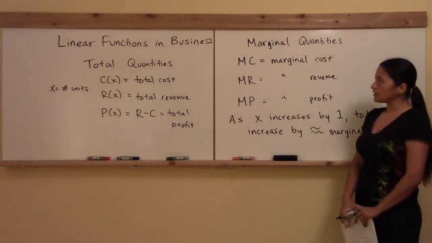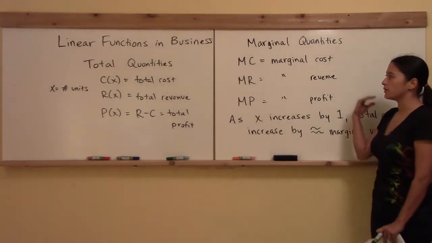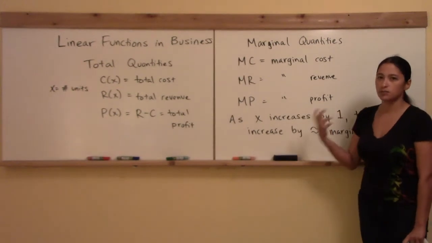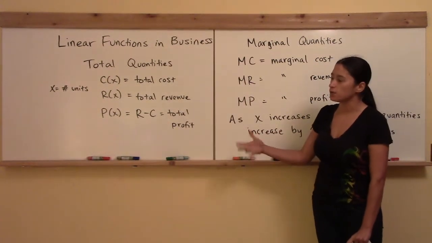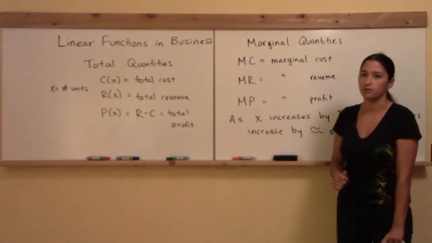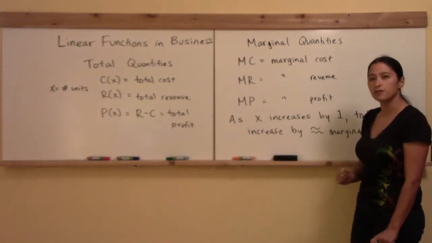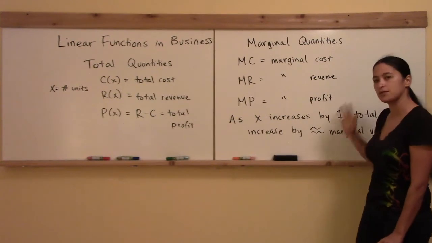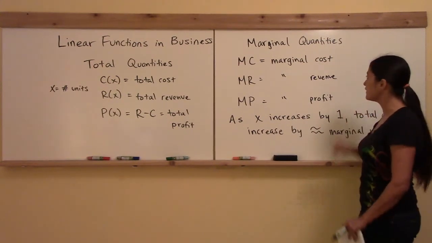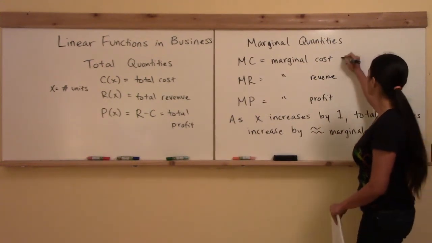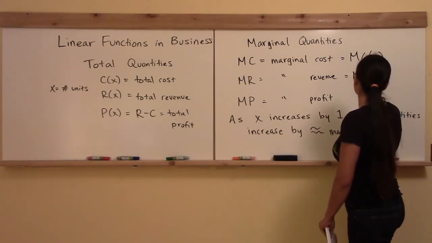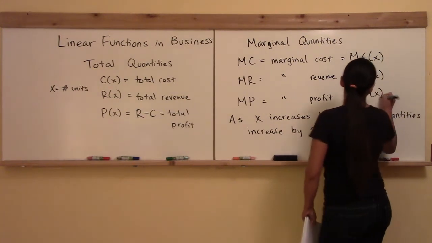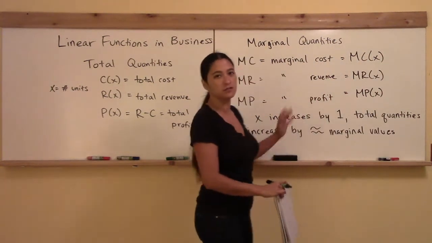Okay? A lot of times you can simply think of the marginal quantities as how much more of this am I getting when my production or sales or whatever increases by 1 unit. So let's go over that concept, and I'll just speak it out instead of writing it for each one of these functions. And again, we're going to see these functions as being functions of x, where x is the number of units. Okay, so I rewrote them over here as functions of x.